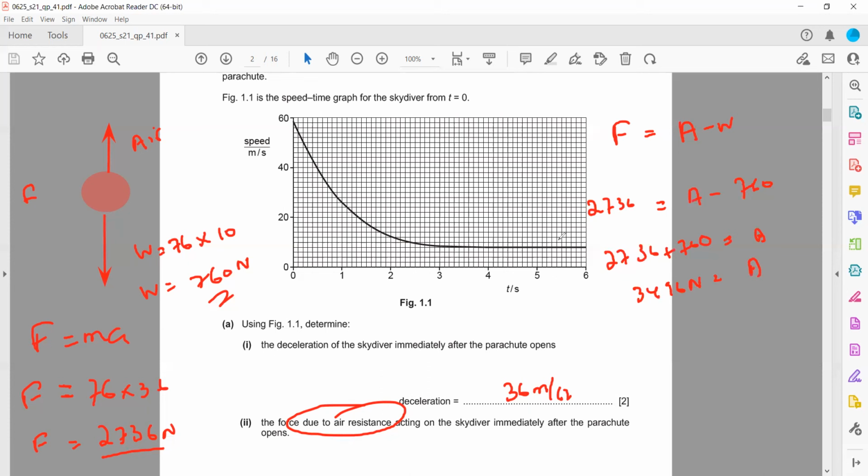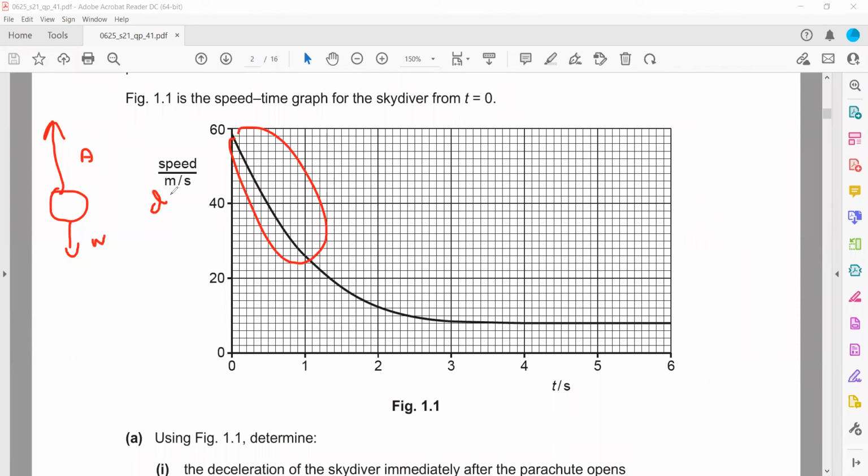The next part: explain in terms of forces acting on the skydiver his motion between 0 and 6 seconds. From 0 to 6 seconds, initially, when he opened the parachute, the air resistance is more than the weight. So he will decelerate because the resultant force is upward.